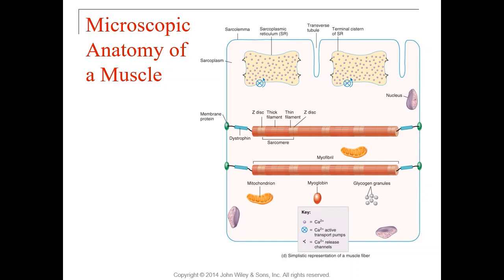Remember, we don't break it up into a rough and smooth. Why? Because it's actually not helping to make proteins like rough ER, and it's not really making fats or helping with detoxification like smooth ER. It actually has its own function. I want you to know the function of the sarcoplasmic reticulum. Its one major function is to store and release calcium.